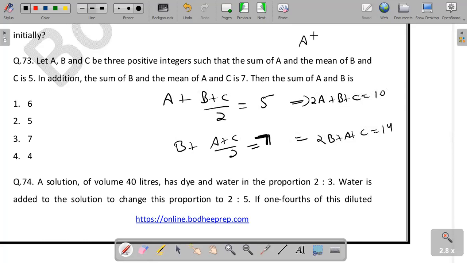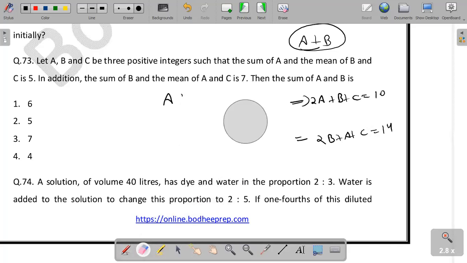Then we have to find A plus B. I don't know if you have been noticing some things. I have been noticing that here is the A extra and here is a B extra, and the question has asked something related to that. I don't literally know how to see that question, but let me do some operations.